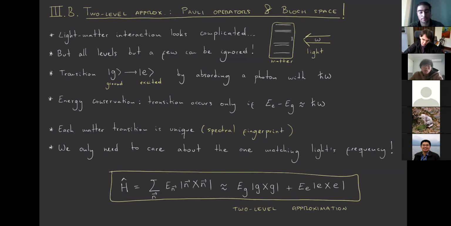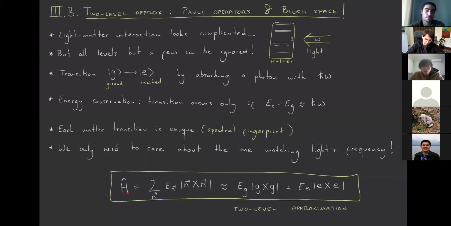And this is what we call the two-level approximation, meaning that when we take matter and we radiate it with light at some frequency omega, we can forget about all levels but two, one that we call ground state and another one that we call excited state, whose energy difference matches more or less the energy of the quanta of the monochromatic light that we are using.